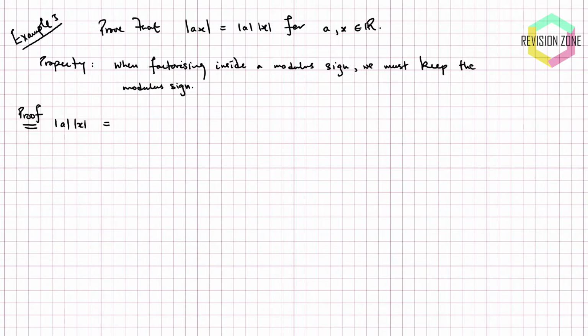When we do that, we get a for a being non-negative and negative a for a being negative. And then we multiply this by the definition of mod x, which is x for x being non-negative and negative x for x being negative.